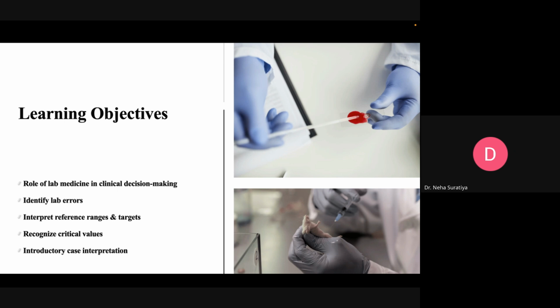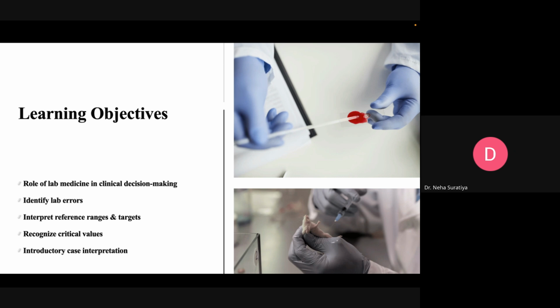You will be able to understand the role of laboratory medicine in decision making. You will also be able to identify some of the very common lab errors. You will be able to interpret a little bit about reference ranges and targets. Also, you will be able to recognize critical values: what is up, what is down, and what is an emergency situation.